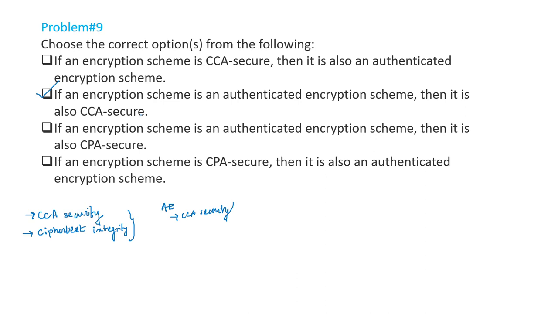So a CCA secure scheme is also CPA secure. So we can also say that if an encryption scheme is an authenticated encryption scheme, then it is CPA secure also. So the third statement is also correct, but not the other way around, because although a scheme is CCA secure, it can be the case that the ciphertext integrity is not satisfied there.